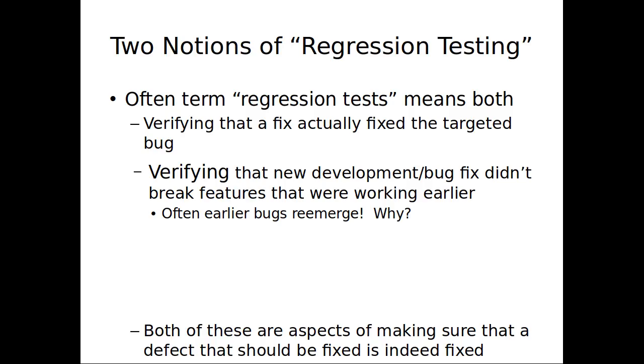So why do the earlier bugs reemerge? In concrete terms, why might an earlier bug come about again? Why might an earlier failure reemerge in a later version in the source code repository? Fix it on one branch, but not another? Good. Fix it on one branch, not another, and you merge them. Now you're back to the original code.